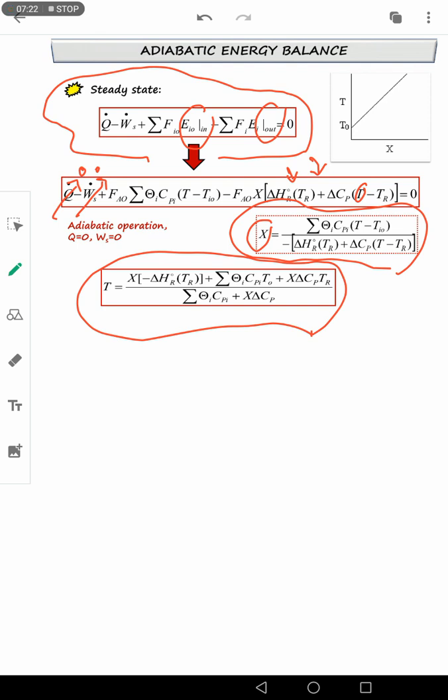So yang ini pun I nak you buat sendiri. Macam mana daripada equation yang ini boleh dapat equation yang ini ataupun equation yang ini. Kenapa? Sebab nanti masa soalan, contoh soalan tu memerlukan apakah conversion. So equation ni yang diperlukan. So soalan tu tanya apakah temperature yang diperlukan. So equation yang akan digunakan.